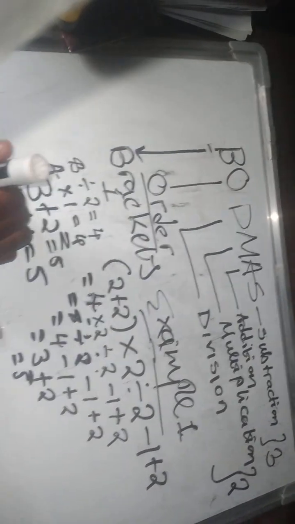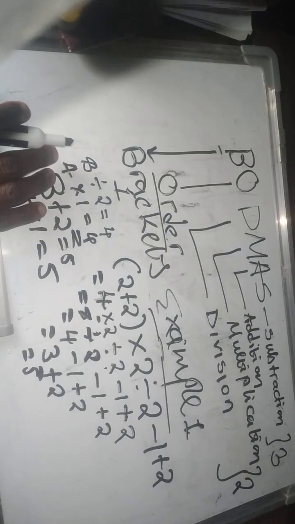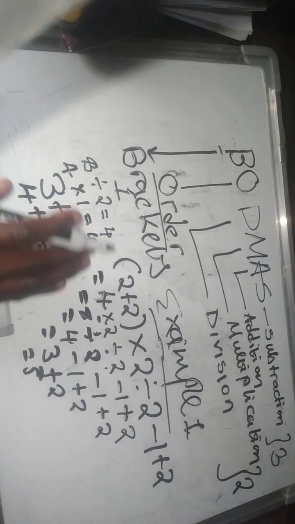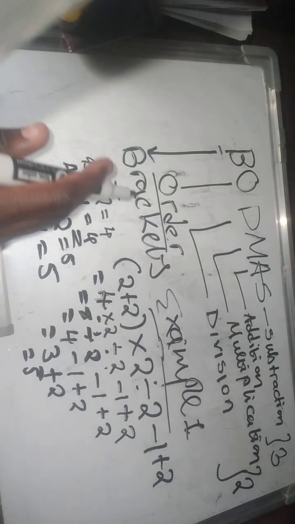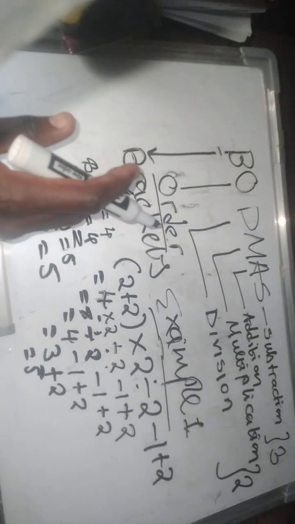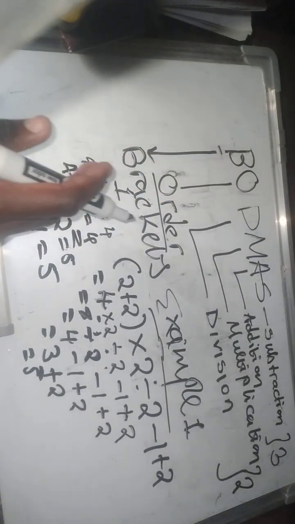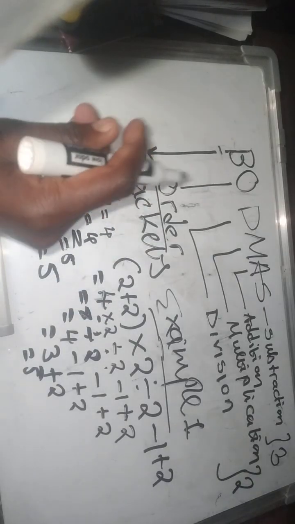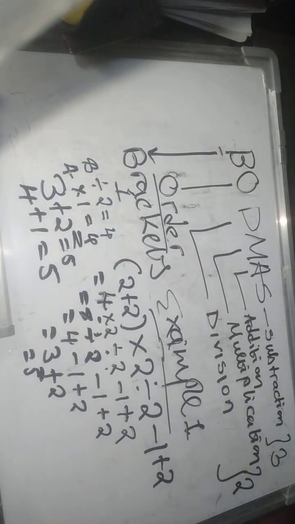So this is what we can learn about this mnemonic, BODMAS. When you are given a question with brackets, multiplication, division, subtraction and addition, always know that the first thing to do is to deal with whatever is inside the brackets.